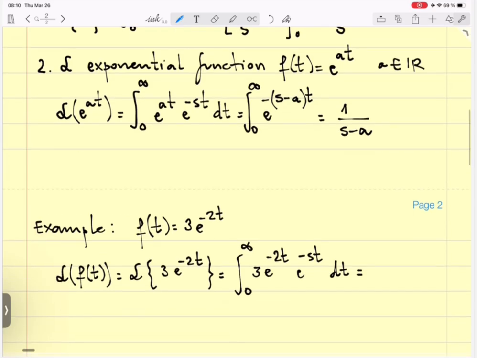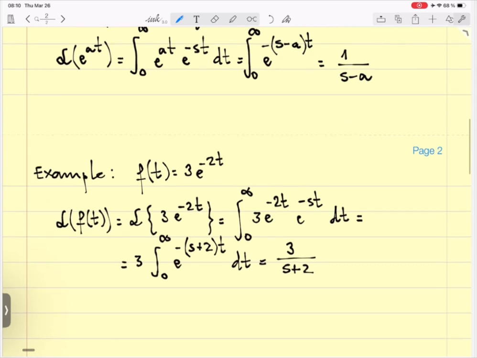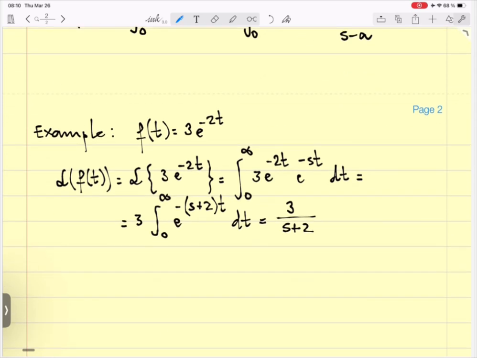The 3 goes out of the integral, it is a constant. Then it is the integral between 0 and infinity of e to the minus (s plus 2) t dt. So this is going to end up being 3 divided by s plus 2. A little example with the two transforms that we have seen.